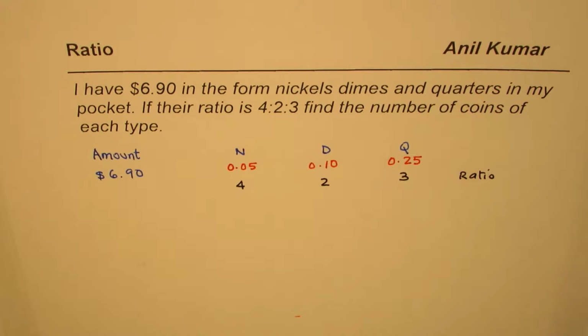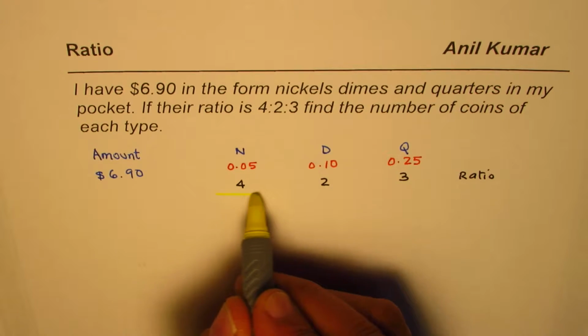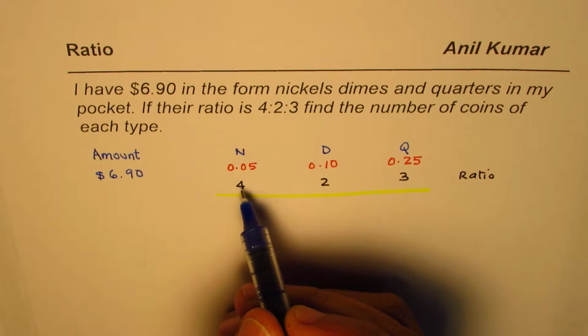Now one of the ways to do it is, let us assume that there are 4 nickels, 2 dimes, and 3 quarters. In that case, what is the amount? To find the amount, we need to multiply the value with the number, right?